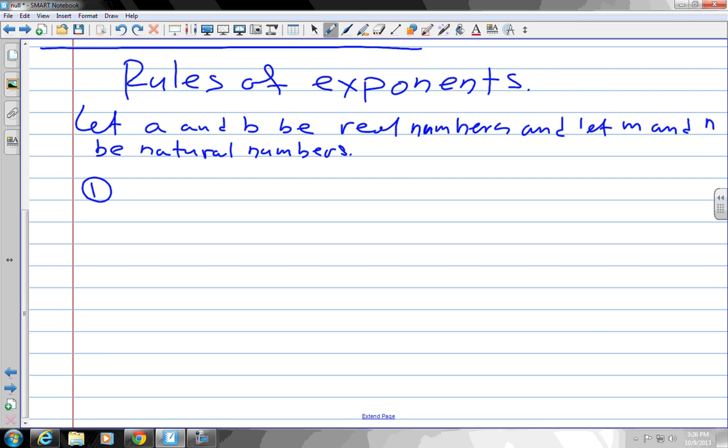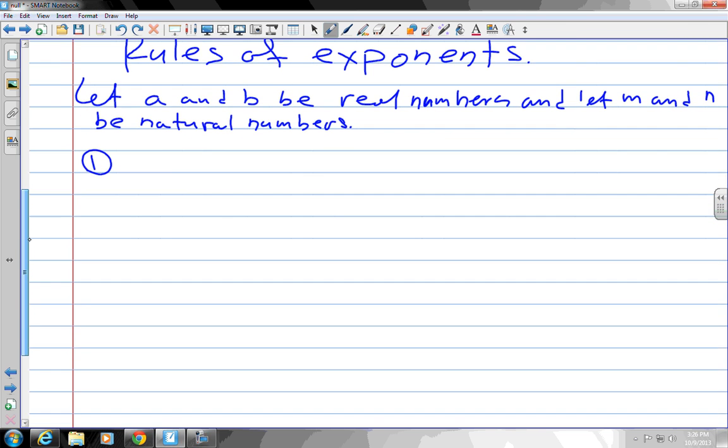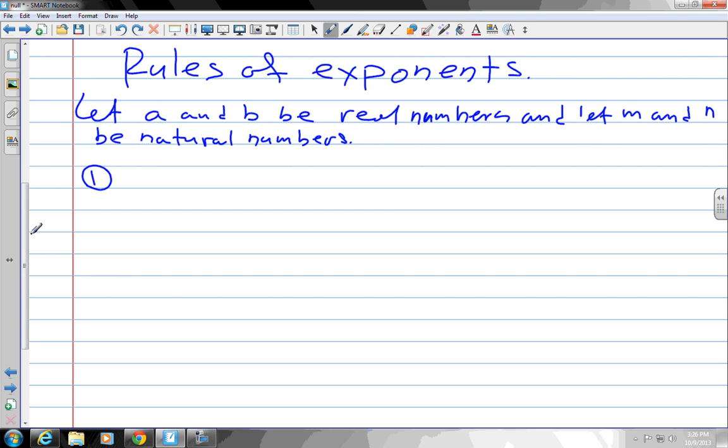So the first rule: when we multiply two exponential expressions that have the same base.